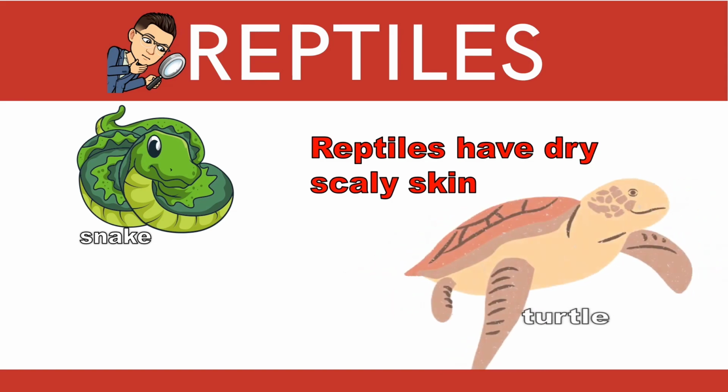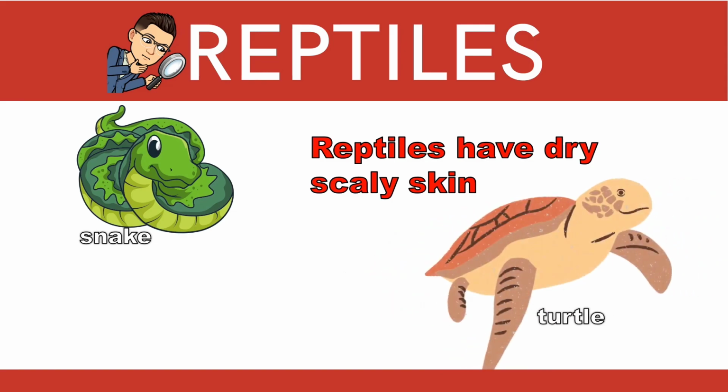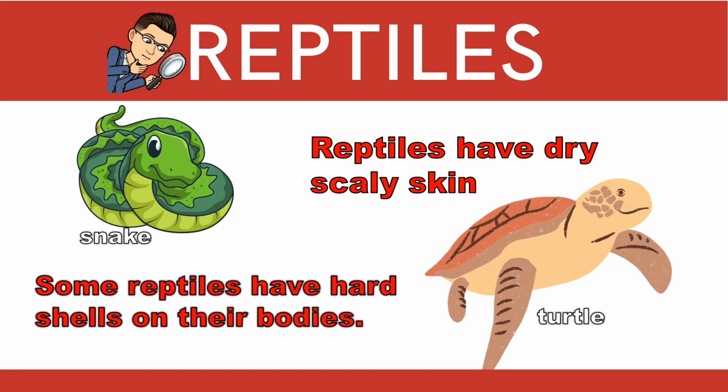How about the turtle, class? Turtle is an example of reptile. Will you describe the body covering of the turtle? Correct. Turtle has shells. Will you read it? Some reptiles have hard shells on their bodies.